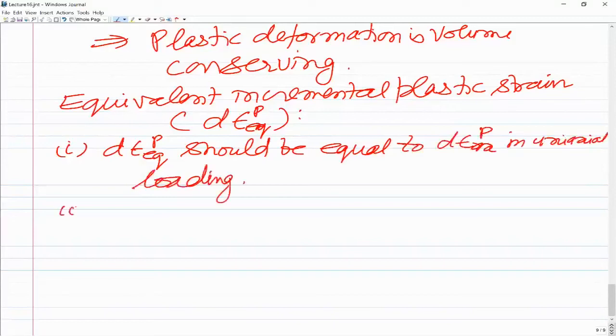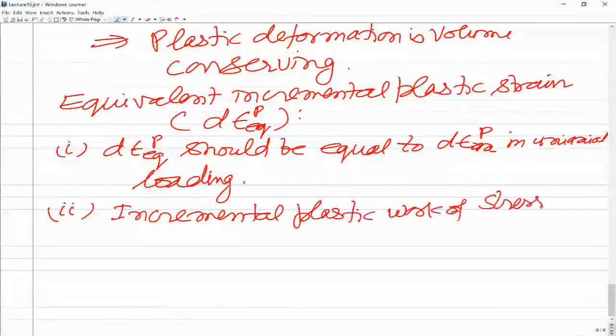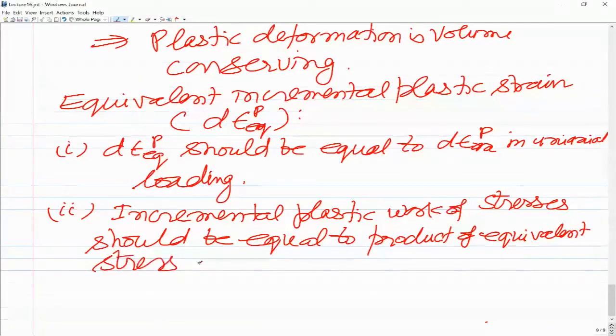And the second condition is that the incremental plastic work of stresses, the dWp, should be equal to the product of equivalent stress and equivalent incremental plastic strain.